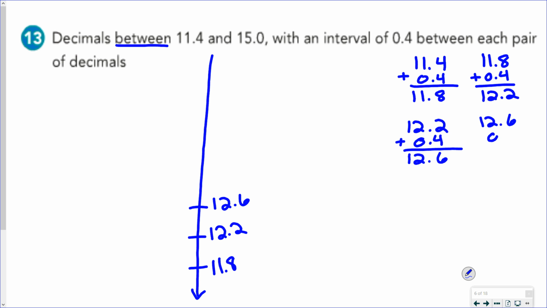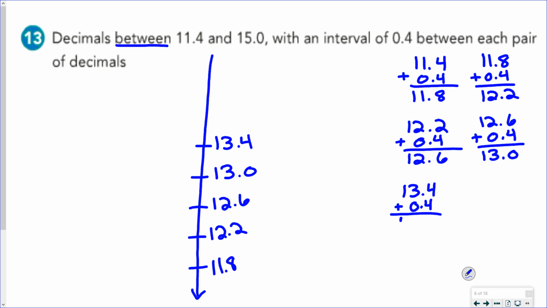And I would add 4/10 again. That would give me 13. And then, of course, if you add 4/10 to 13, you'll get 13 and 4/10. I probably don't need to work that one off to the side, but I will continue adding here.